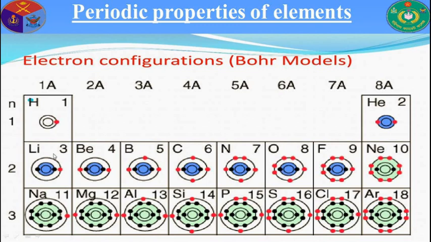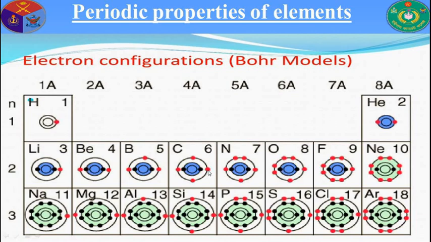And if we move from left to right in any period of the periodic table, then we see that the energy level of the electrons remains the same, only sub energy levels increase. As a result, the distance of outermost electrons does not increase but reduces a little.